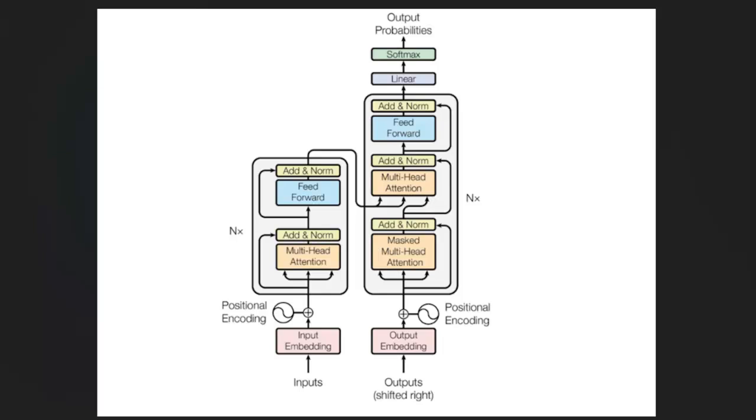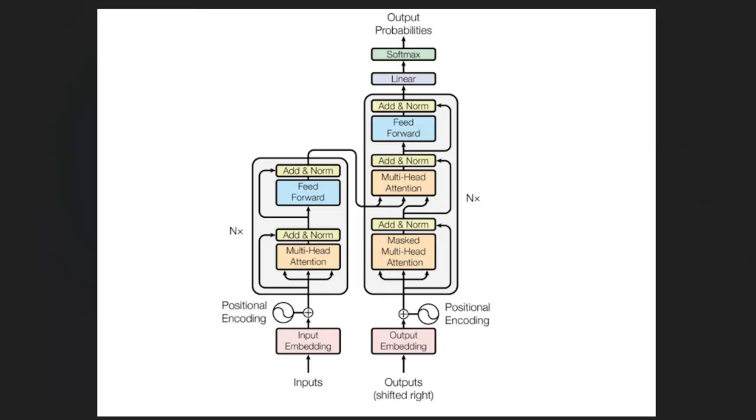Compared to previous models, transformers have achieved remarkable success in various NLP tasks, including language translation, text summarization, sentiment analysis, and question answering. They have become the foundation of many state-of-the-art NLP models such as BERT, GPT, and T5, and continue to drive advancements in the field.